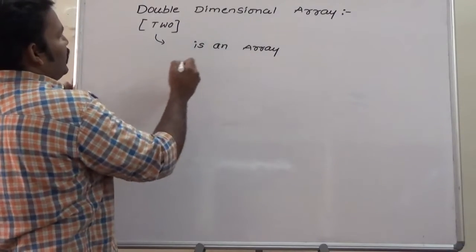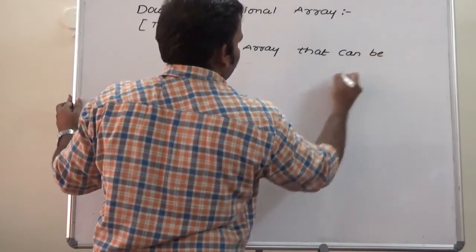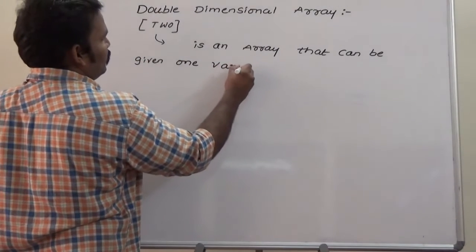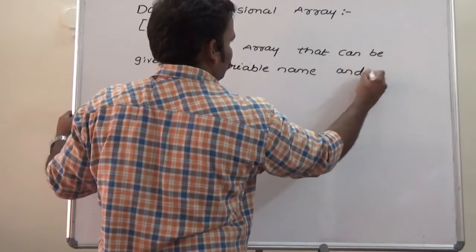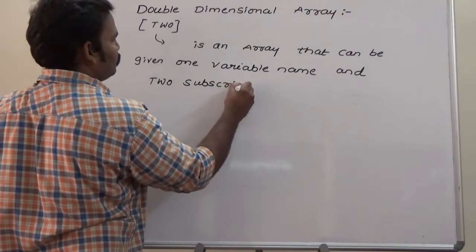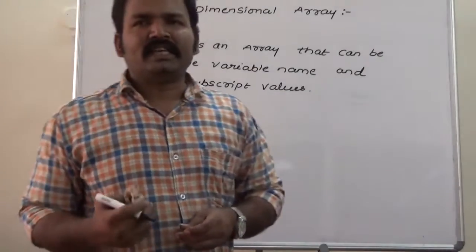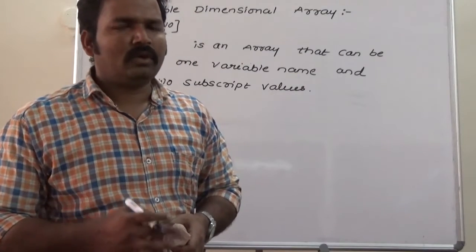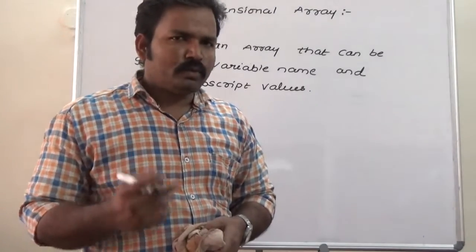So a double dimensional array is an array that can be given one variable name and two subscript values, or we can say it like this also: a double dimensional array is an array which consists of two subscript values.